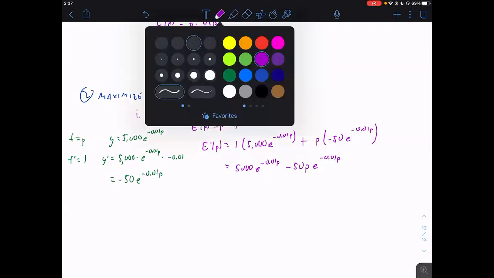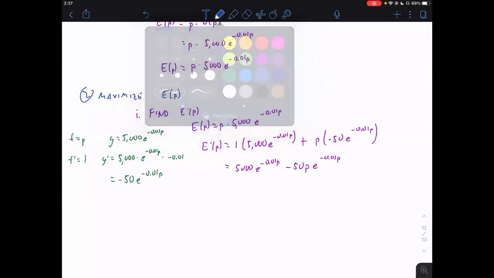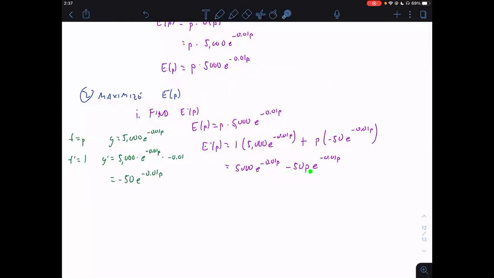Let's look at these two terms. What do these two terms have in common? Well, 5,000 and negative 50 have a common factor of 50. So let's pull out the 50 here.